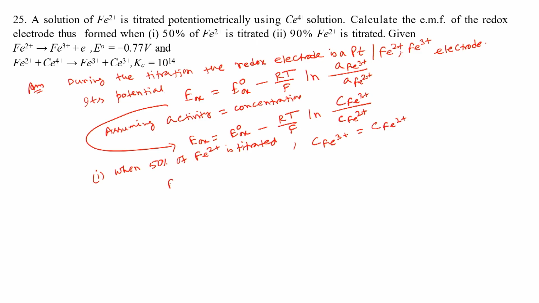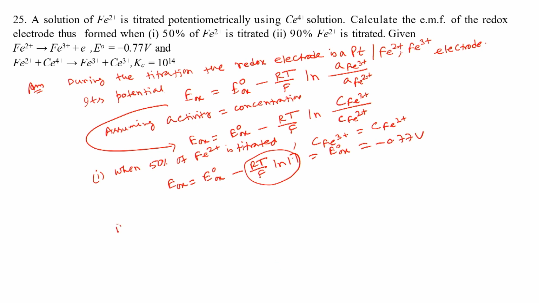So, E_OX will be E naught OX minus RT by F ln 1, and this becomes 0. So, we get E naught OX, and the value is minus 0.77 volt.